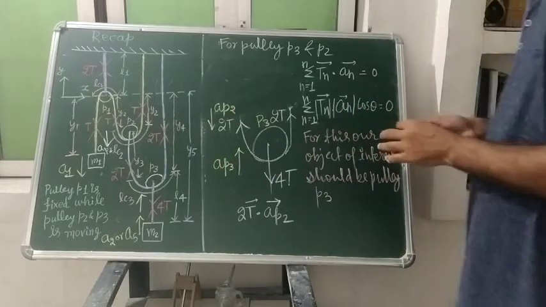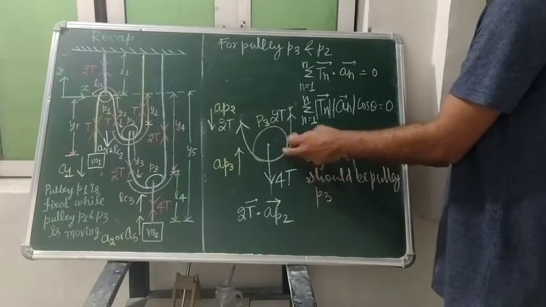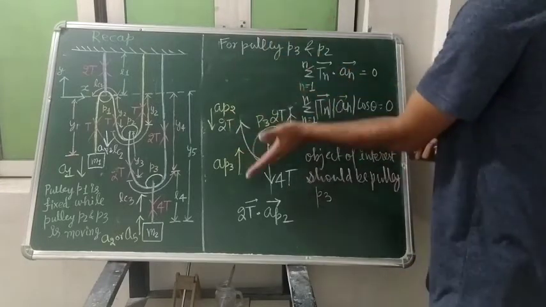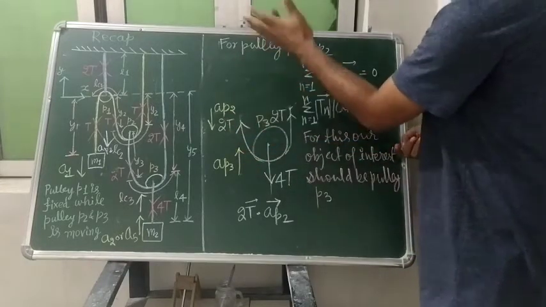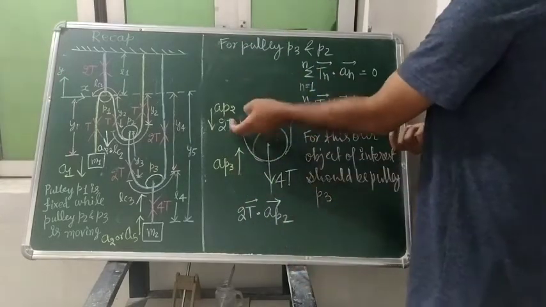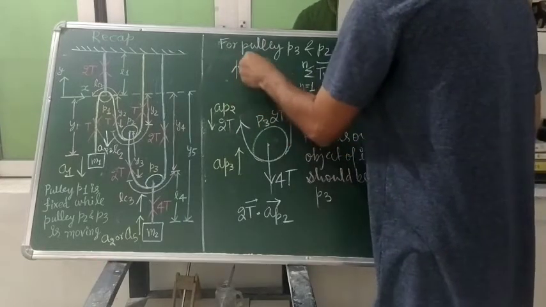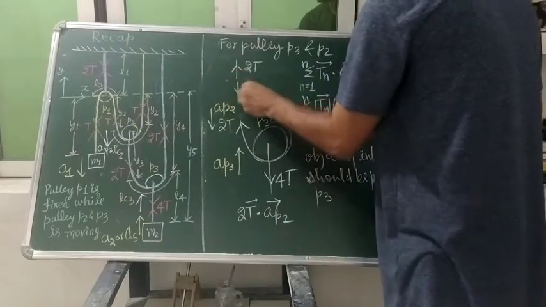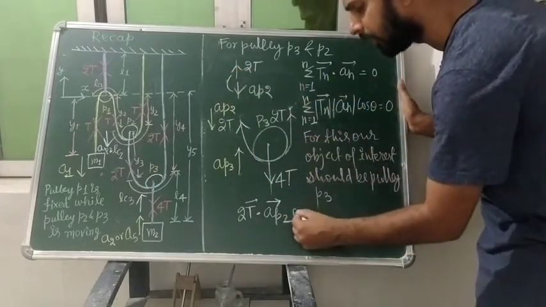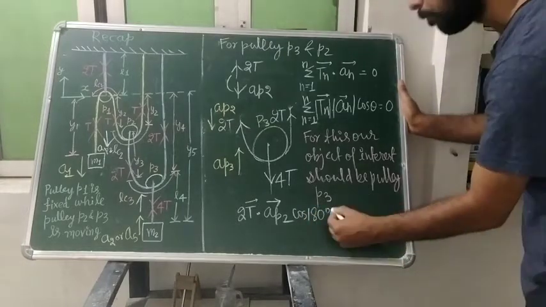For pulley P3, 2T is upside and acceleration is downside. So the angle between them will be equal to what, student? 180 degrees.